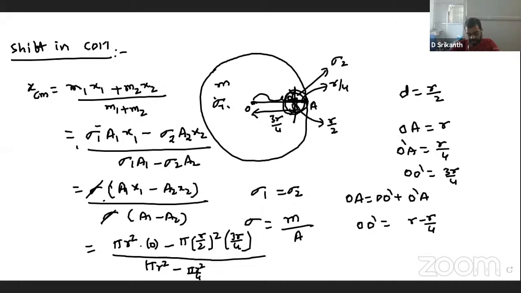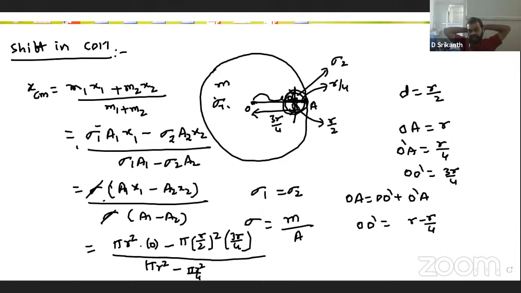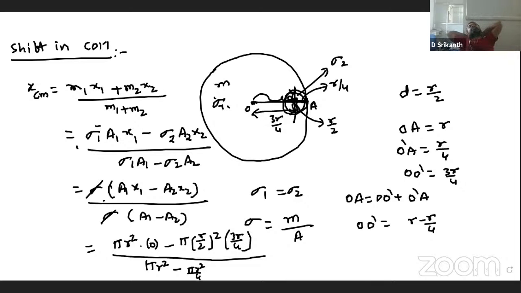Let us consider a circular ring of radius small r having a mass m1.